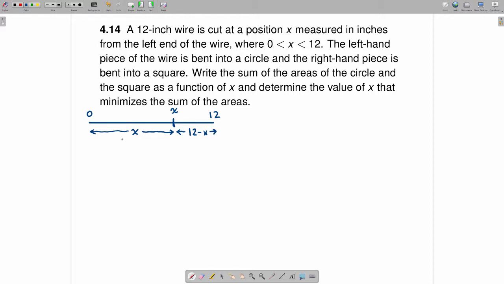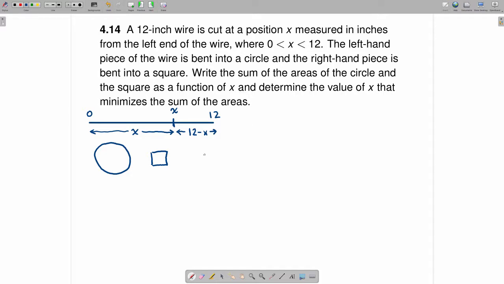Now, the first piece on the left here gets bent into a circle, and this is going to be kind of a larger circle. And this smaller piece over here gets bent into a square because I didn't give it much wire. That will be a much smaller square. And what we'd like to do is write the area.